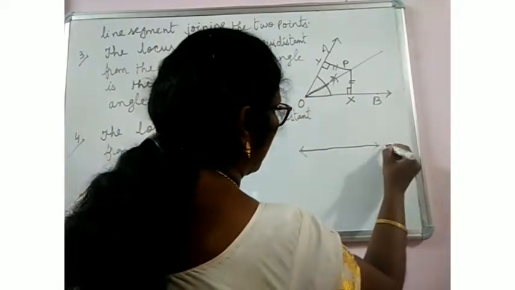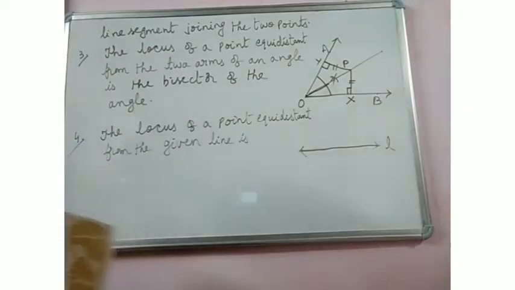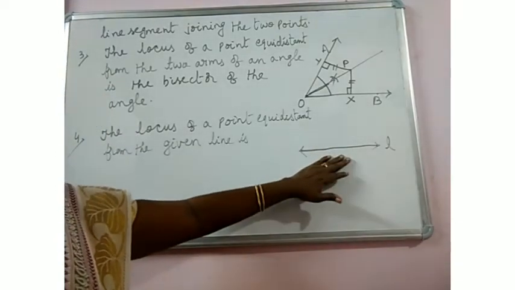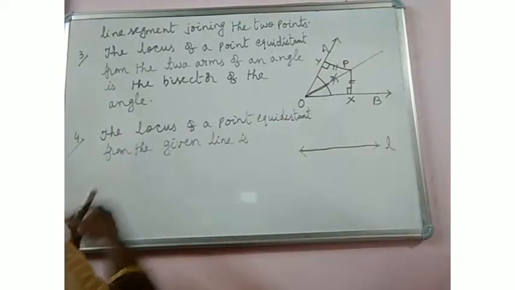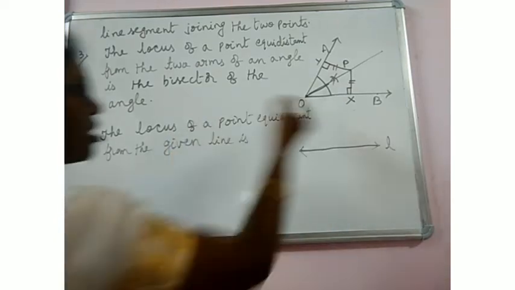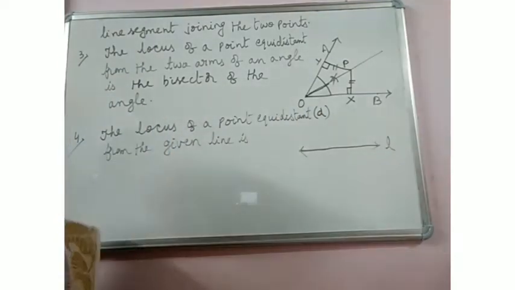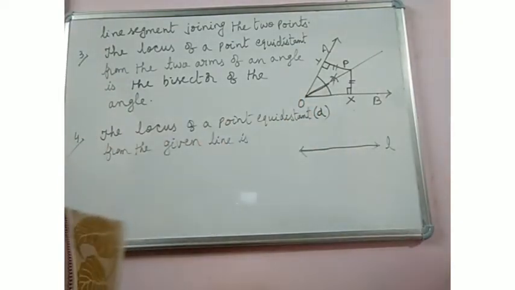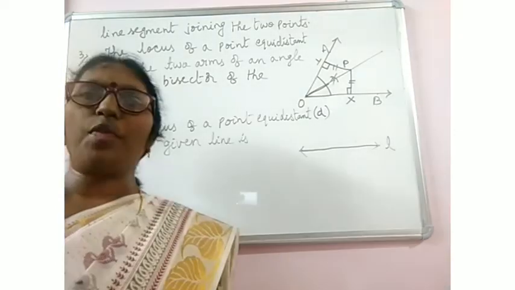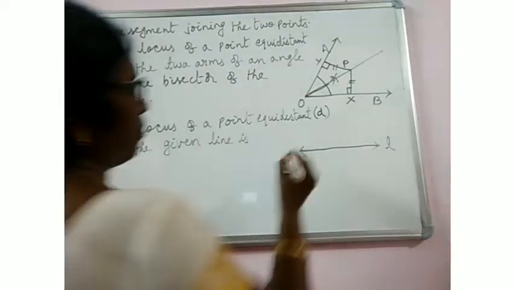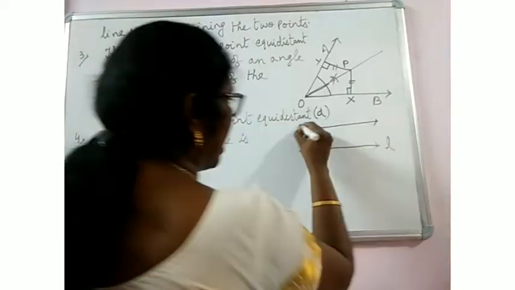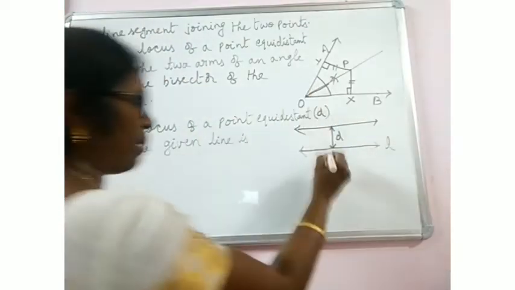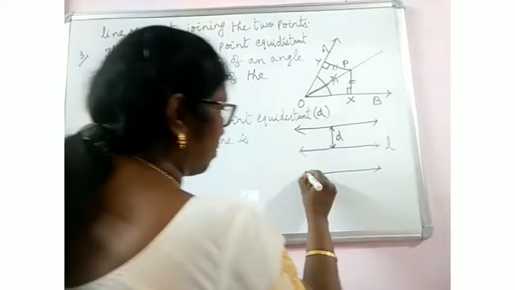This is line L. If you have to find the locus of a point equidistant from this line L, let us take that distance as D. Okay? From this line L, the distance is D. What is the locus of a point? Here, you will have two lines parallel to this line at a distance of D units, one above the line and one below the line.